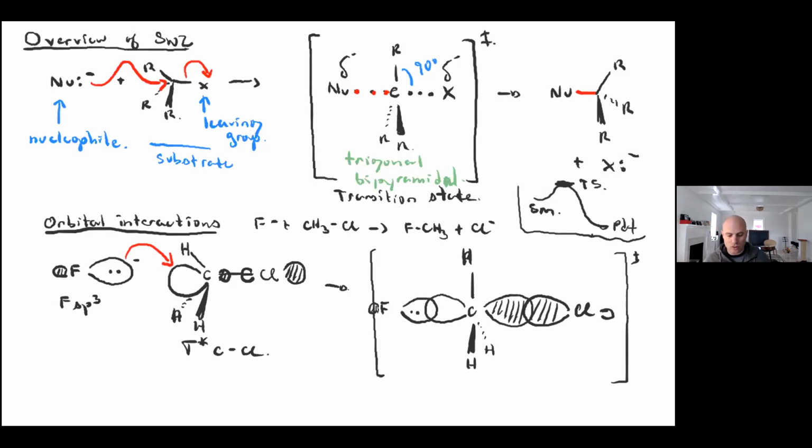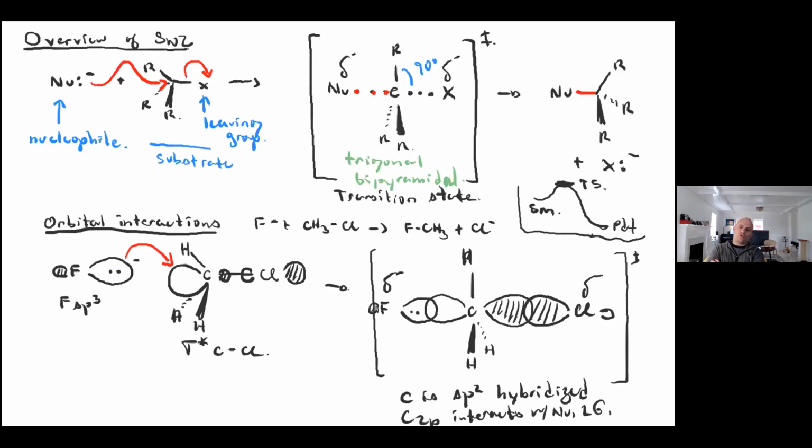So what we say is that this is partial minus, this is partial minus. In the transition state, the carbon is sp2 hybridized, and C 2p interacts with the nucleophile and the leaving group, okay?